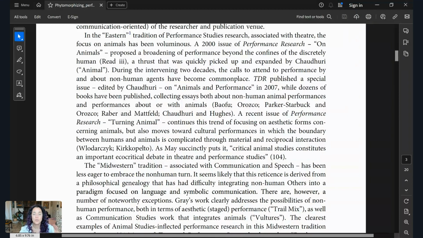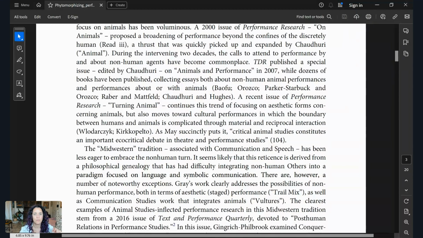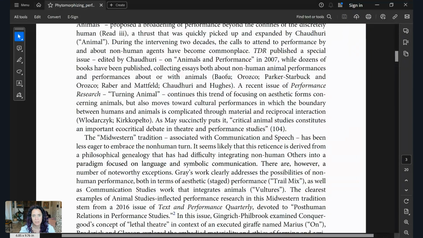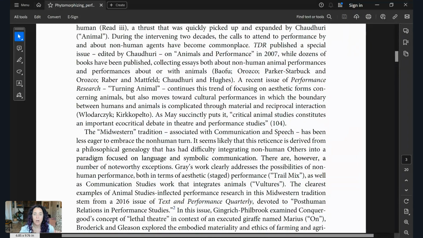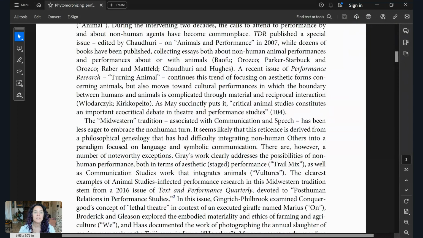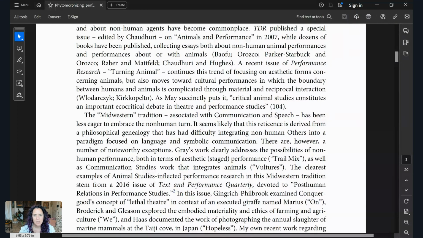During the intervening 2 decades, a call to attend to performance by and about non-human agents has become commonplace. TDR published a special issue, edited by Chaudhuri, on animals and performance in 2007, while dozens of books have been published, collecting essays both about non-human animal performances and performances about or with animals.